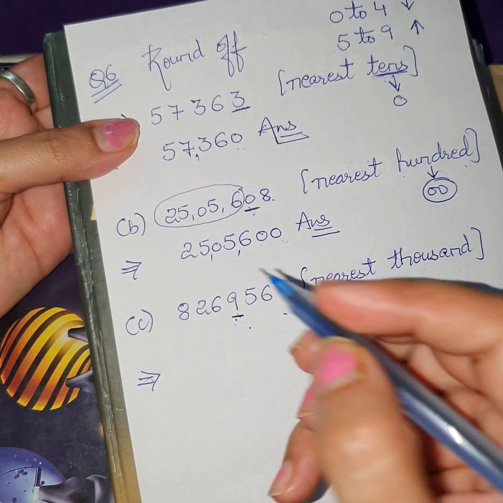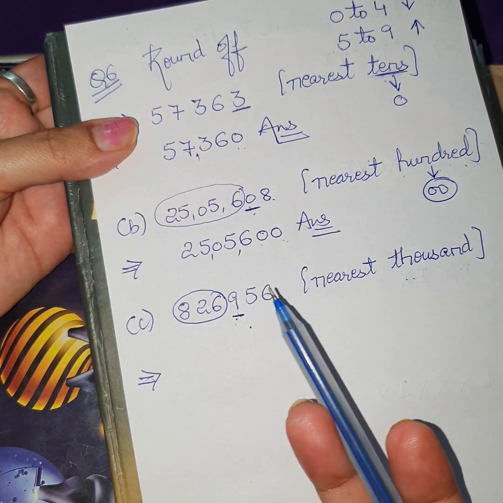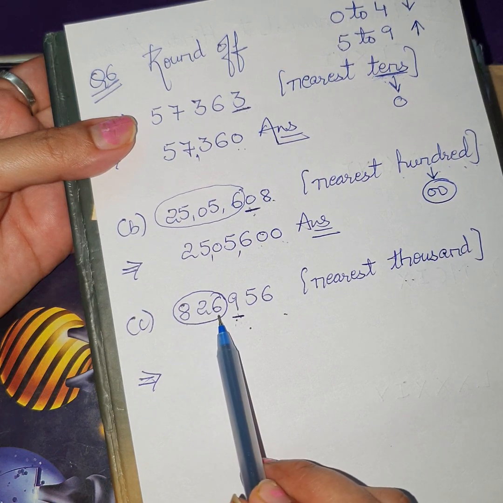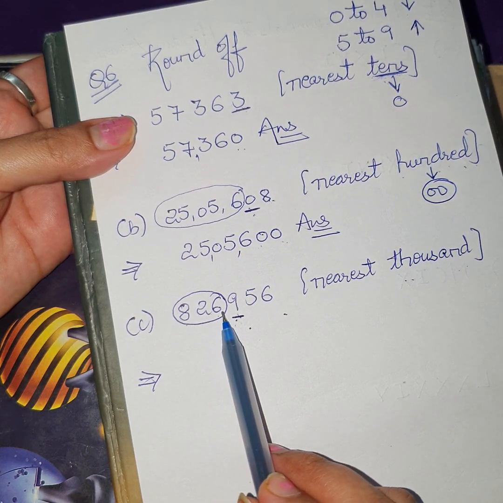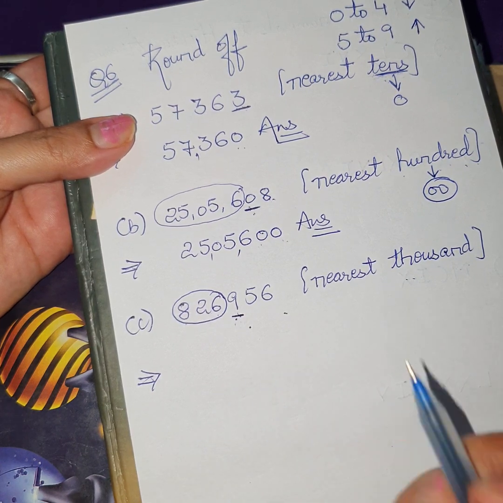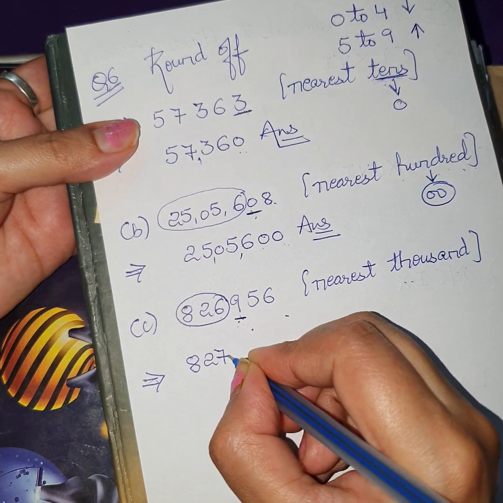And in case of round up, as I have told you, we add 1 to the number which is before the underlined digit. The number before the underlined digit is 826. So 826 plus 1, round up means plus 1, will become 827.